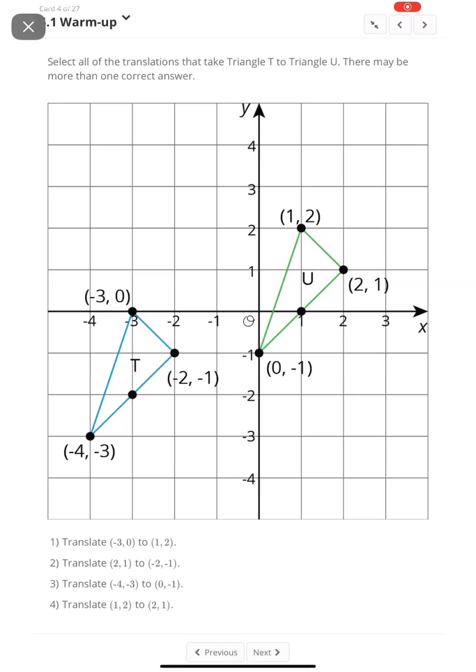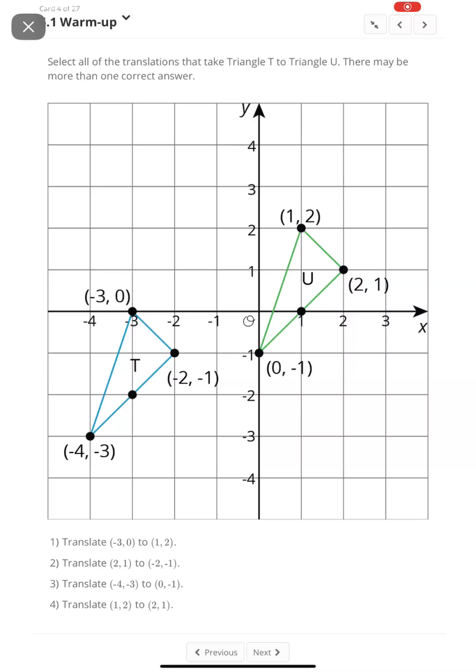So in this problem, what we are looking at is two triangles. Triangle T, or this blue triangle, is our original triangle. We are going to translate, or slide and move, this original triangle T into a new location, which is represented by this green triangle, or triangle U. Translate is another math word that means to slide or move.